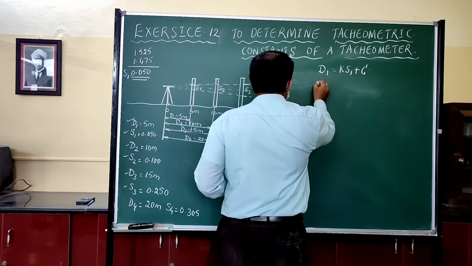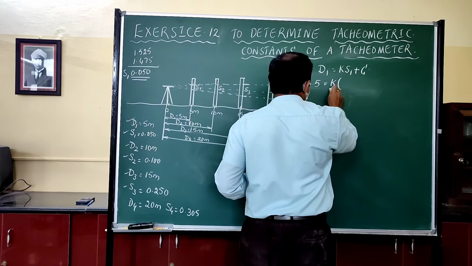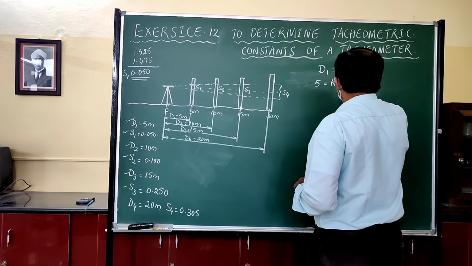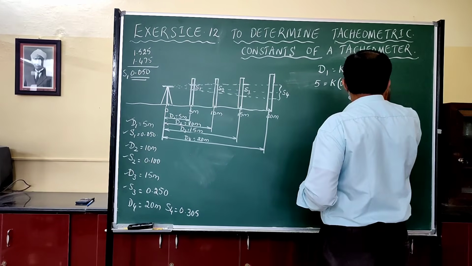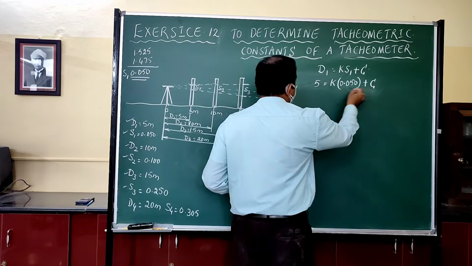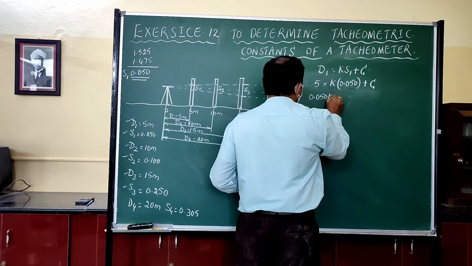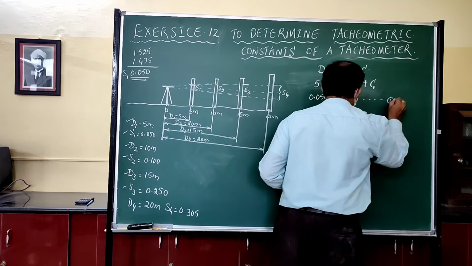The D1 is 5, K we don't know the value of K, this K we have to find out. S1 is 0.050 plus C, the C also we have to find out. Therefore, the equation will become 0.050 K plus C is equal to 5. Call this as equation number 1.